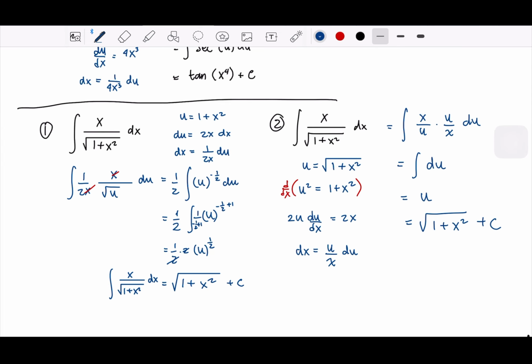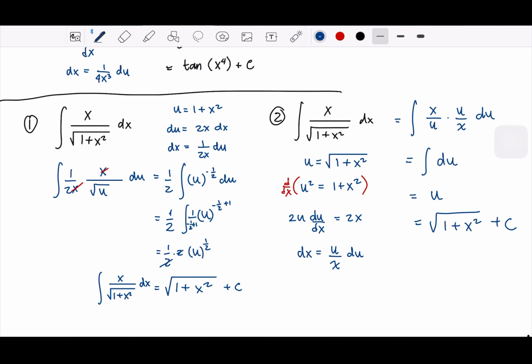Okay, so substitution doesn't necessarily mean u is some part of the equation and then you differentiate and substitute. You can also take some algebra operation, like squaring, before you really substitute.